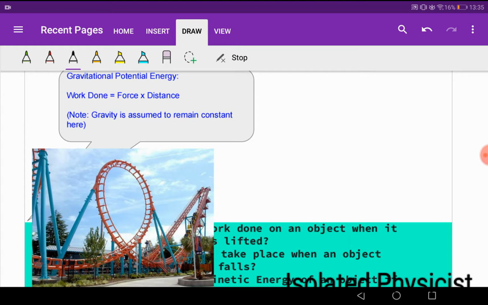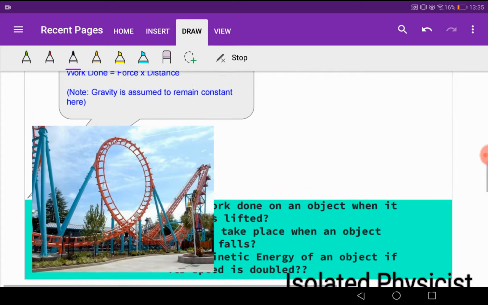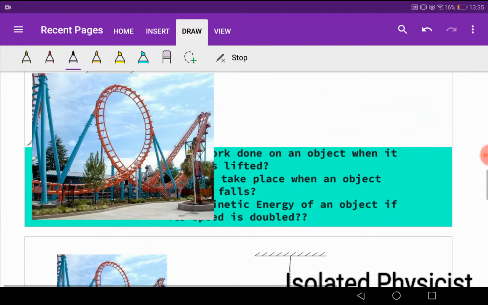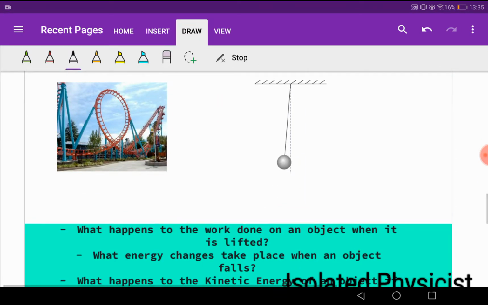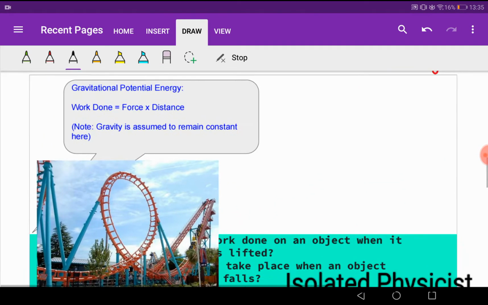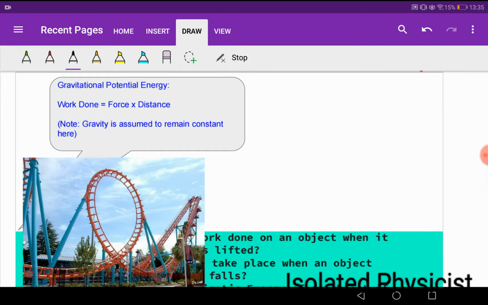What I want to say about this one is that sometimes we have problems where we have to talk about the increase in gravitational potential energy of an object. If we're in a gravitational field, these lines are just showing the direction that a mass would fall.